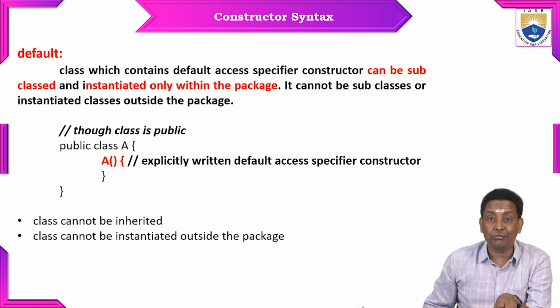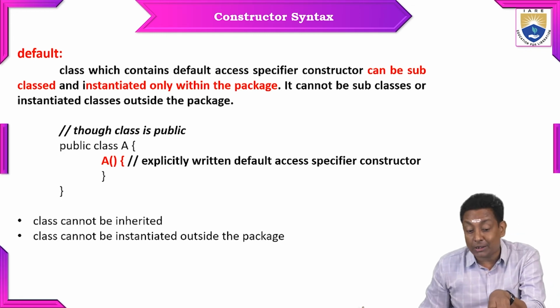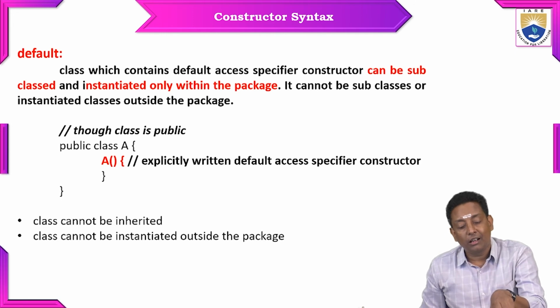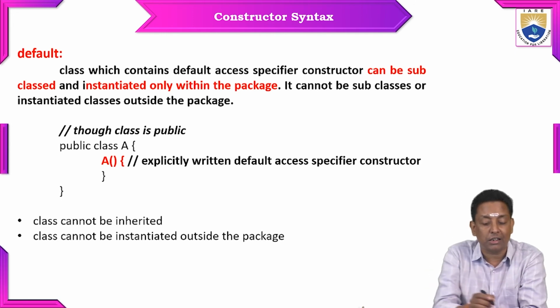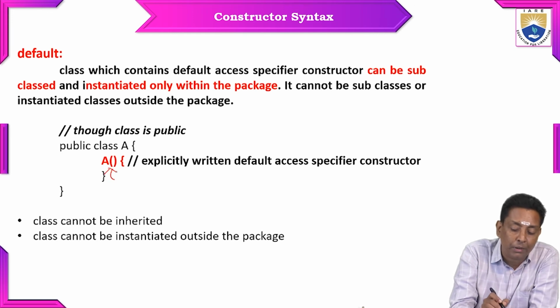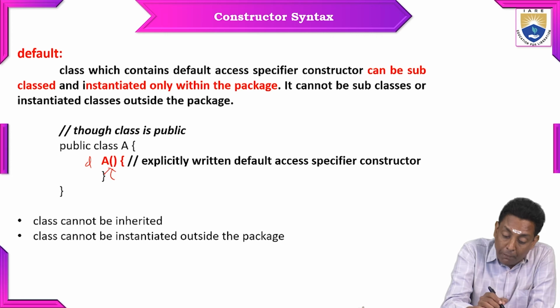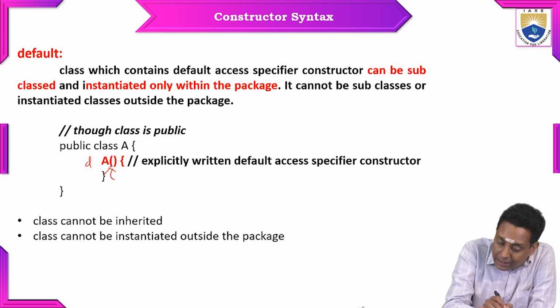But in the class, we are explicitly writing one no-parameter constructor with a default access specifier. In public class A, we explicitly wrote one no-parameter constructor with default access.